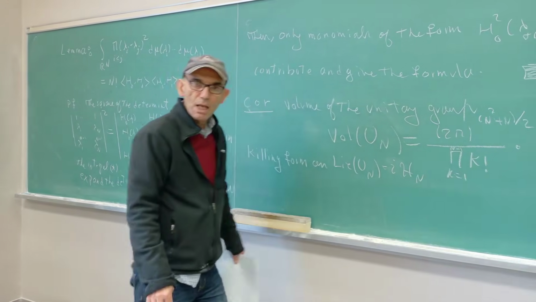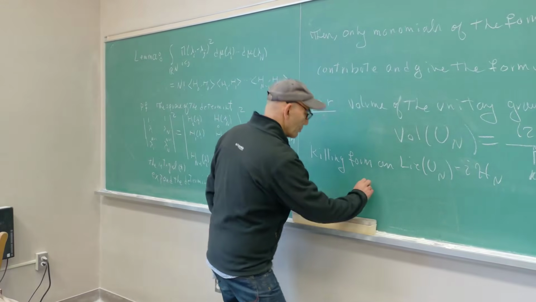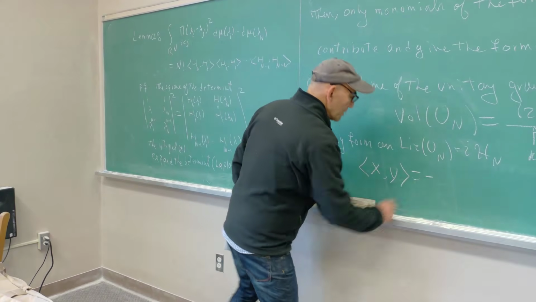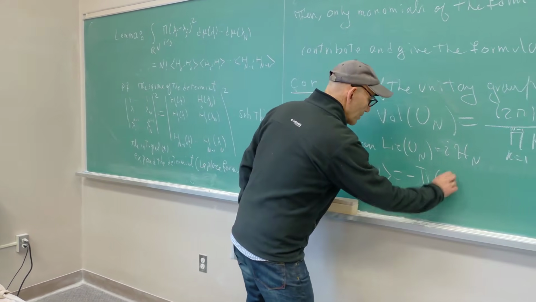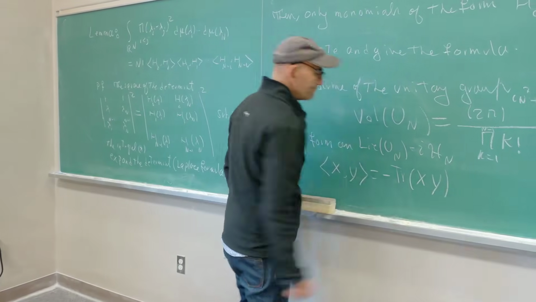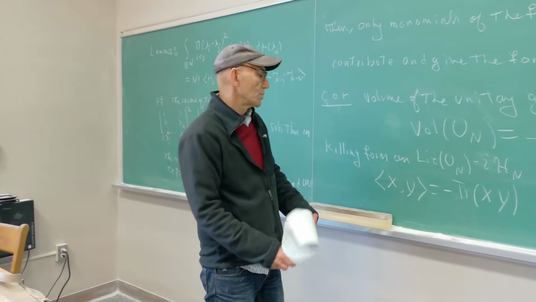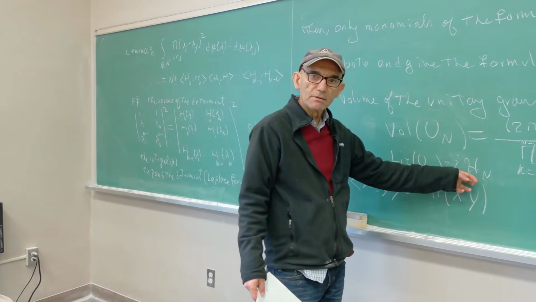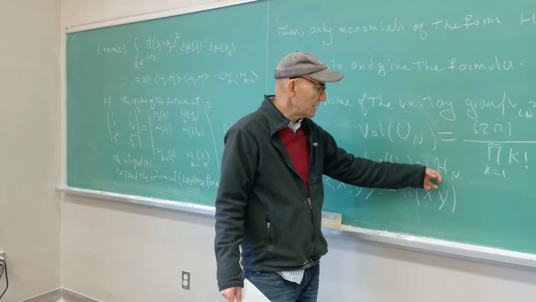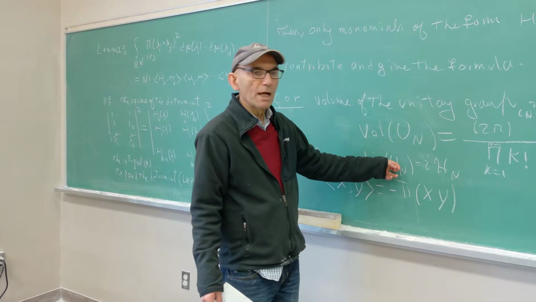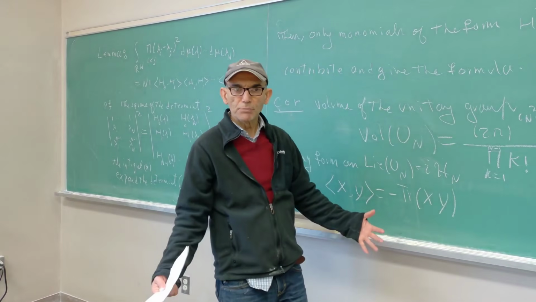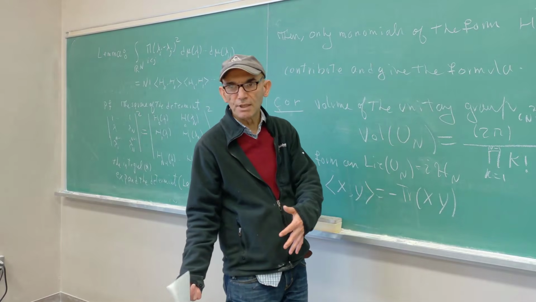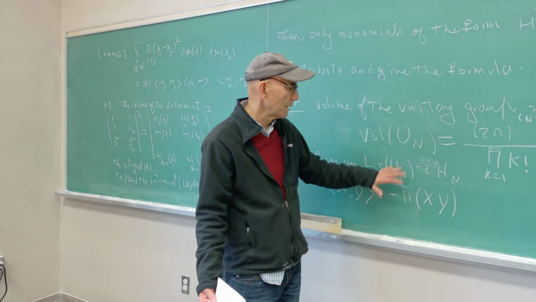These are the skew Hermitian invariant matrices, and the Killing form here, if you have two such matrices x1 and x2, is minus trace of x1 x2. So this gives you a positive definite inner product on this vector space, which is the Lie algebra of this Lie group, and then it gives you a Riemannian metric by left translation, which is going to be right invariant as well, because the space is compact.